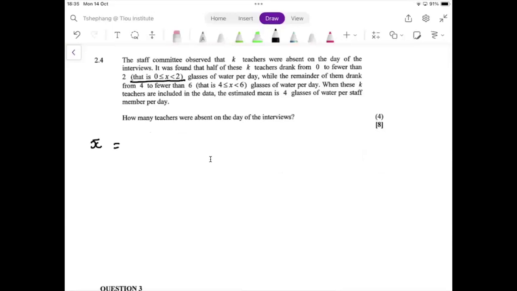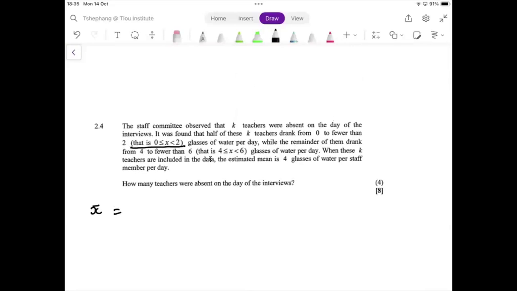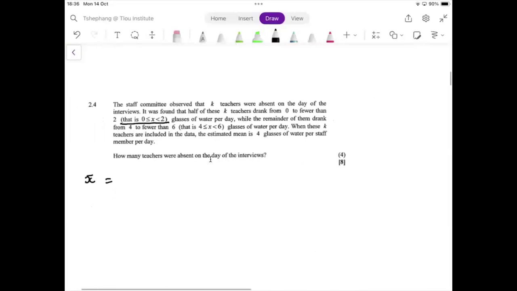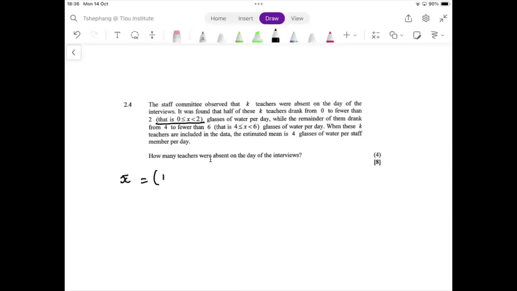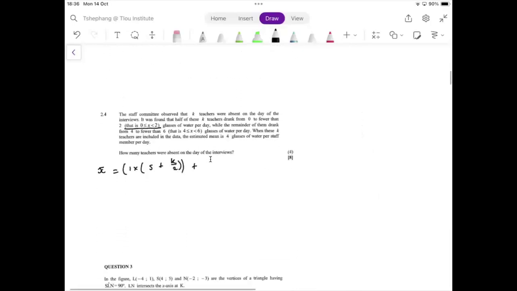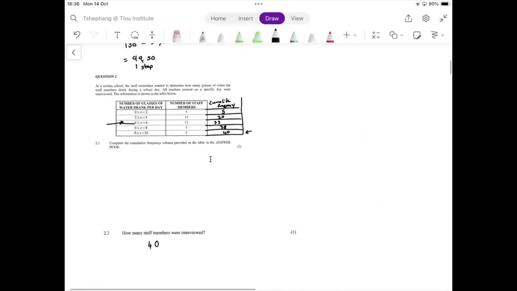X bar is equal to 1 times (5 plus k over 2), plus 3 times 15, plus 5 times (13 plus k over 2), because remember we are considering the midpoint.